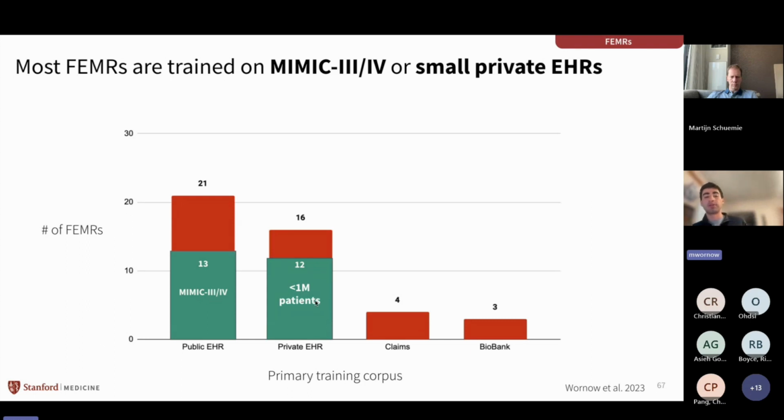And of the private EHRs, the vast majority are less than 1 million patients, which we don't think is sufficient scale to get a lot of the great benefits out of these foundation models, which are very, very data hungry, right? The more data you feed them, the better they get. So thinking at bigger data scales, having more diverse data is an important concern going forward.